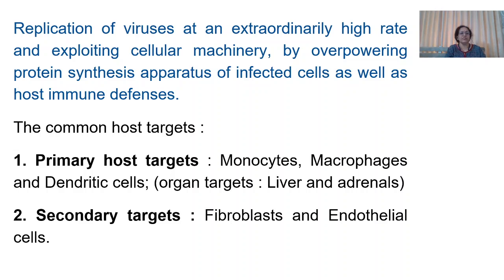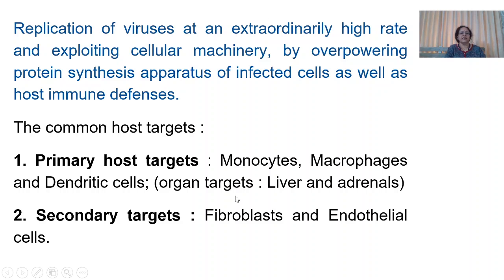The common host targets are divided into two categories: primary host targets and secondary targets. The primary host targets are monocytes, macrophages, as well as dendritic cells. These are considered important. And here, majority of the time, organs like the liver and adrenals are targeted by the viruses.